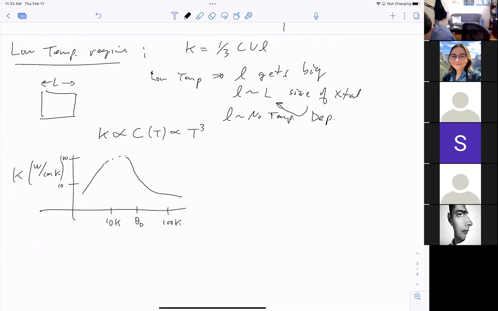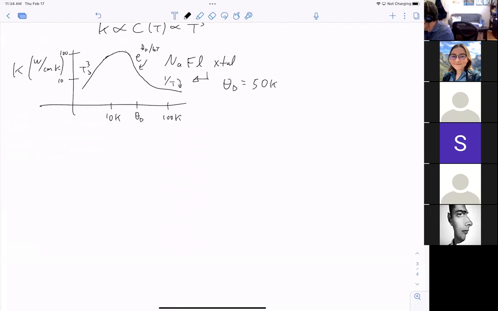And that's the thermal conductivity for a sodium fluoride crystal dominated by phonons, where theta Debye is equal to 50 Kelvin. And this is a log plot. So that's T cubed here and exponential there and 1 over T here. Okay, so that's actual data. All right, so those simple arguments actually explain the real world.